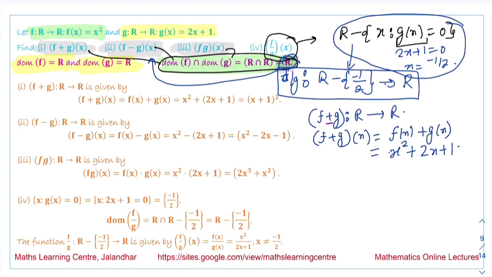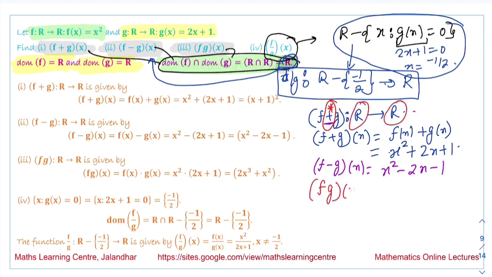When we are talking about f of x minus g of x, the domain is R to R, and it will be x square minus 2x minus 1. When we are talking about f of x into g of x, the domain will be the same, R to R. We are saying f into g of x is equal to f of x into g of x.